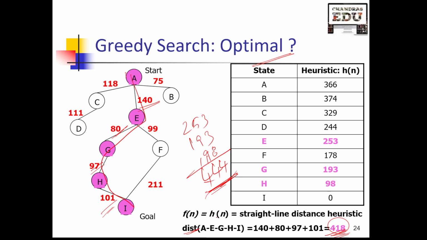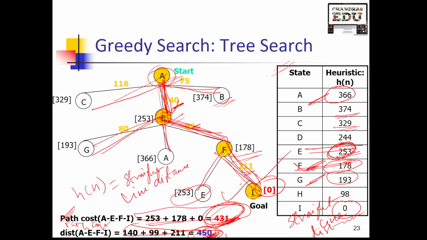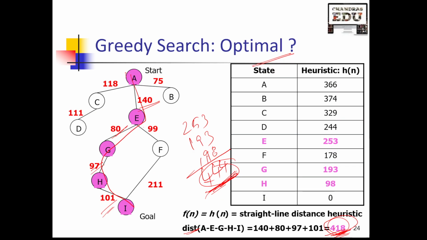But when we take in this approach the straight line distance is 444 and path cost is nothing but 418. So this we got higher one, but as per the normal path cost it is 418. So that we can't say it is an optimal one. Why? Because here it looks to be optimal, but when we take a different path, it may not be an optimal one.